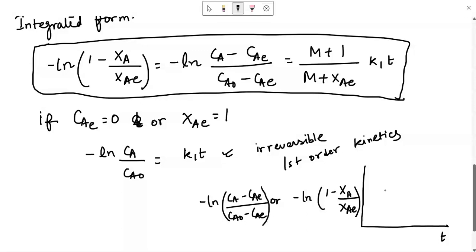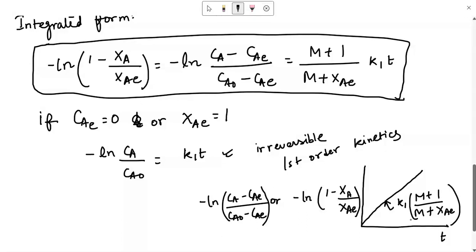Then you will get a straight line starting from 0 whose slope is given as k1 multiplied by m plus 1 by m plus xae. Okay, this is how you can draw out the kinetics for first order reversible reactions.